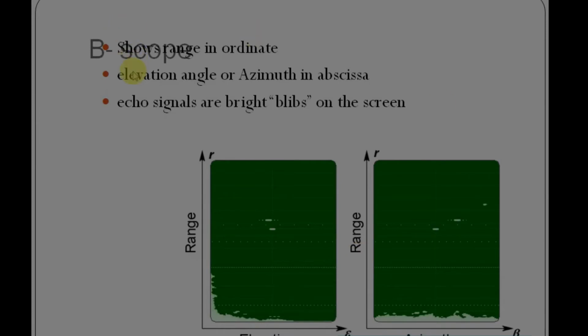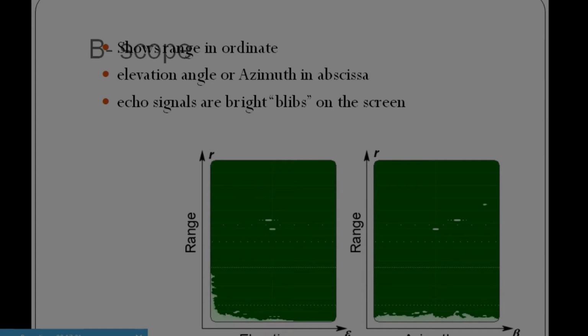Now the next scope is called the B scope. The B scope, as you have seen, shows elevation versus range and azimuth versus range. There are two displays. Azimuth means an angle, and there is a range. In azimuth, here is the zero angle and it goes to 180 degrees, then again zero and again 180 degrees. So with azimuth and elevation you can find your target.